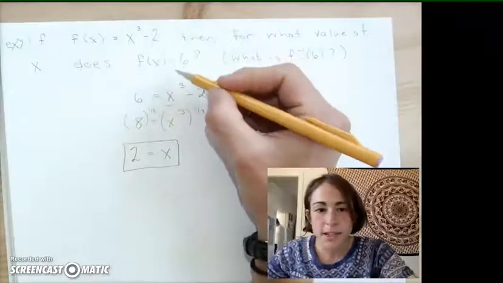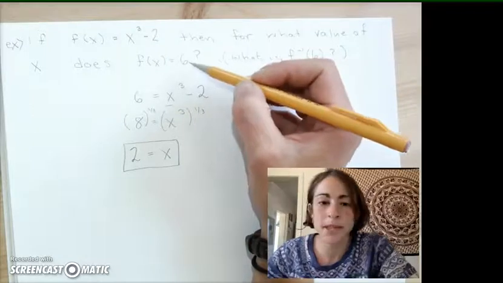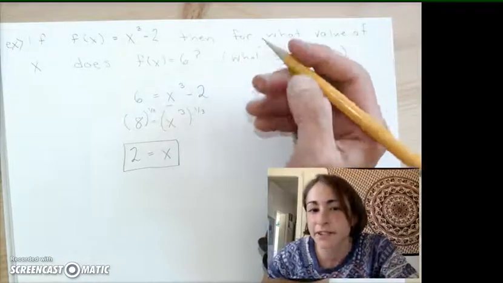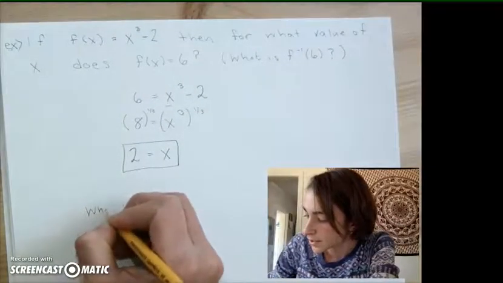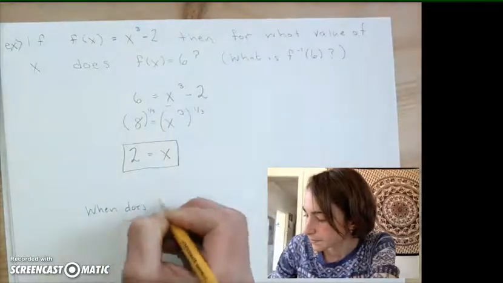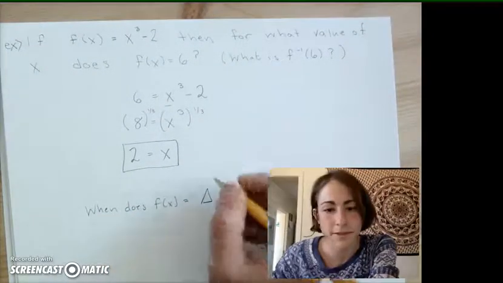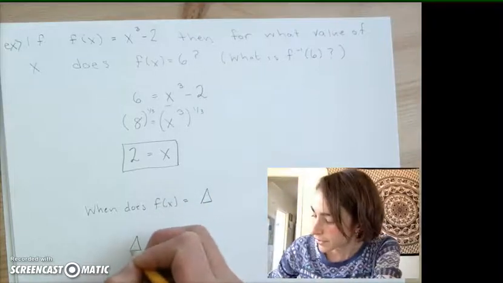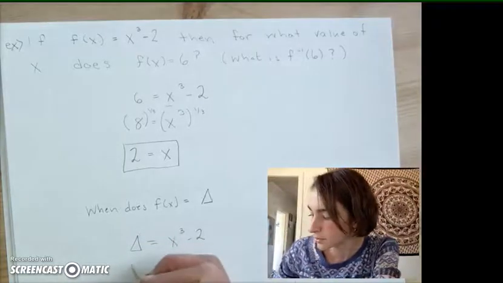Could we do this for any number? Like what if we didn't have 6? What if we wanted to solve for 24? When does f of x equal 24? Or when does f of x equal triangle? Fill in any number you want here. Well, we do it the same way. If f of x equals triangle, then triangle equals x cubed minus 2.